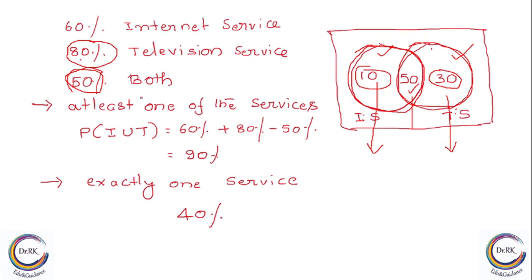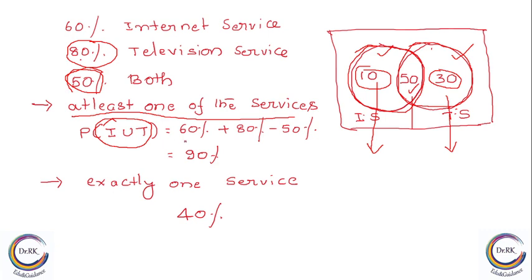Now coming to what they asked for: what is the probability that the selected person gets at least one of the services? At the beginning, I think we discussed it. At least means it is union. So P of internet union television.